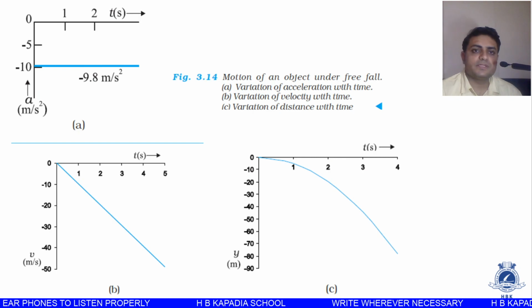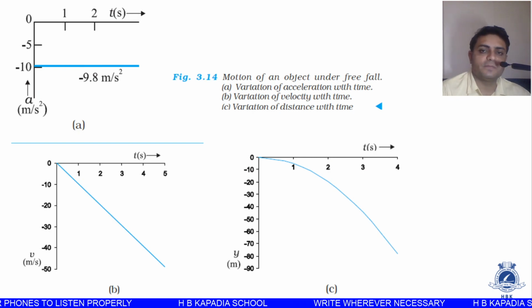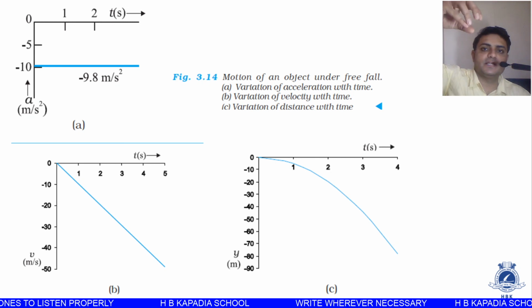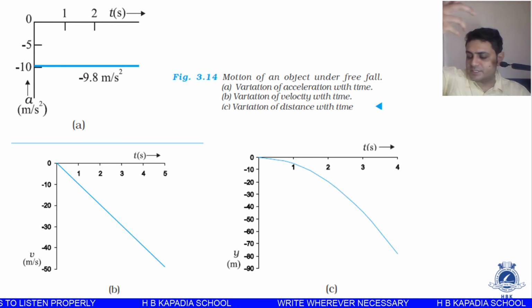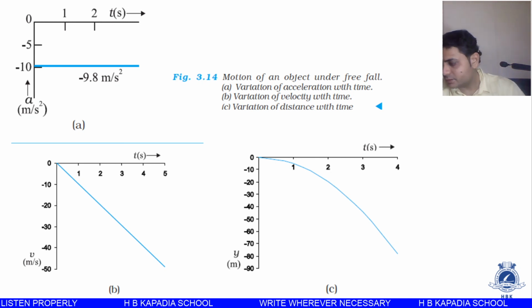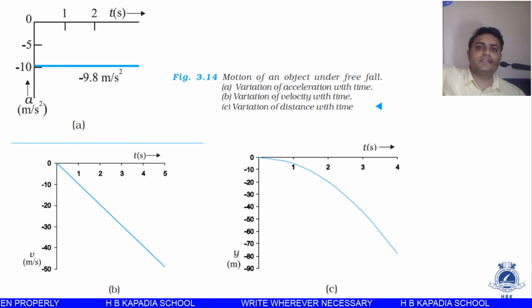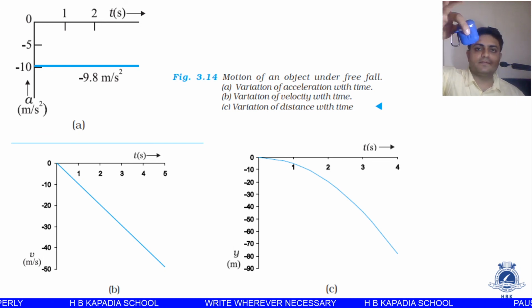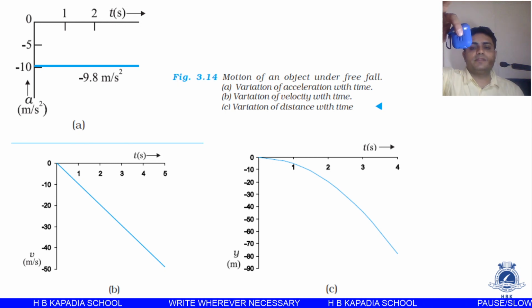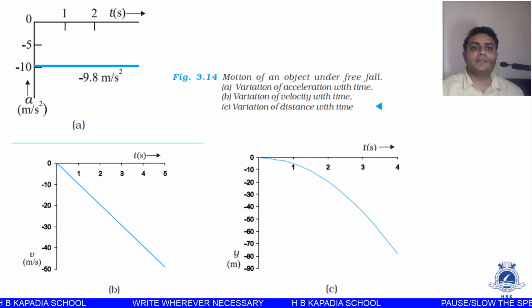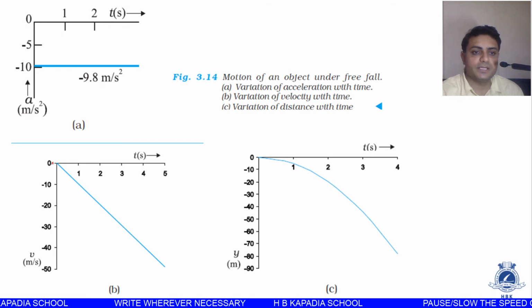So this is a graph which is given for a freely falling object. Imagine an object which is initially at rest. Imagine an object in my hand like this. If I throw it like this, by keeping its initial velocity to be 0, in the downward direction, the object is initially at rest, so we can say it is 0.